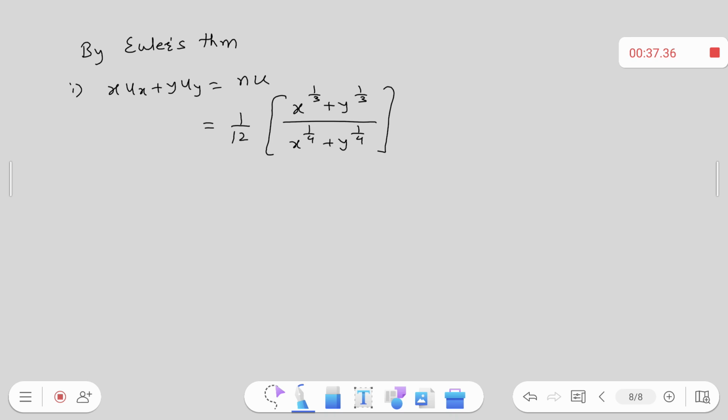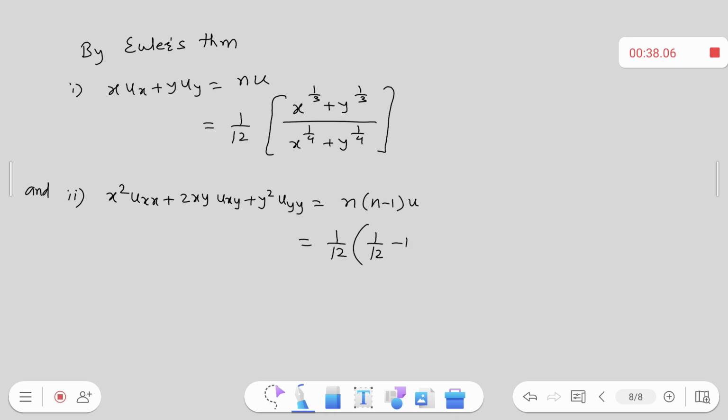So this gives the first one, and the second one, x square uxx plus 2xy uxy plus y square uyy, is n into n minus 1 into u. These statements we already defined. Put n, that is 1 by 12 into 1 by 12 minus 1, of u. u is x to the power 1 by 3 plus y to the power 1 by 3 upon x to the power 1 by 4 plus y to the power 1 by 4.